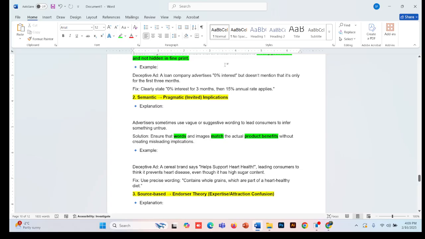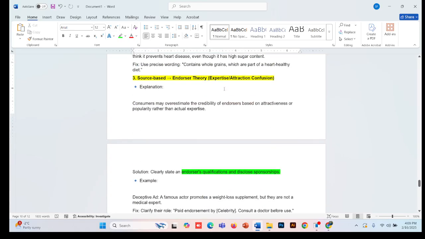Then the source-based or endorser theory. Sometimes advertisers use stars, celebrities in their ad, but some celebrities are not relevant to the product category, like a sports personality might appear on a toothpaste brand ad.